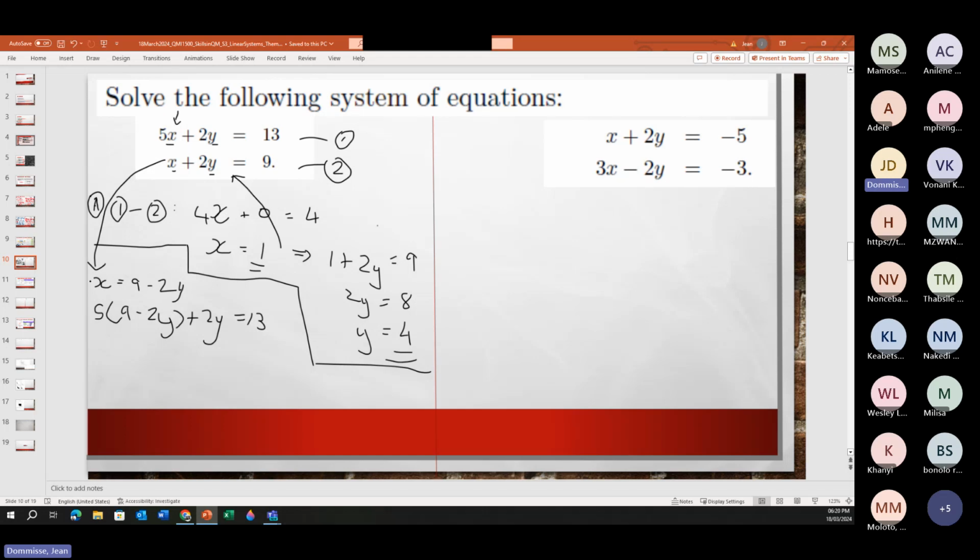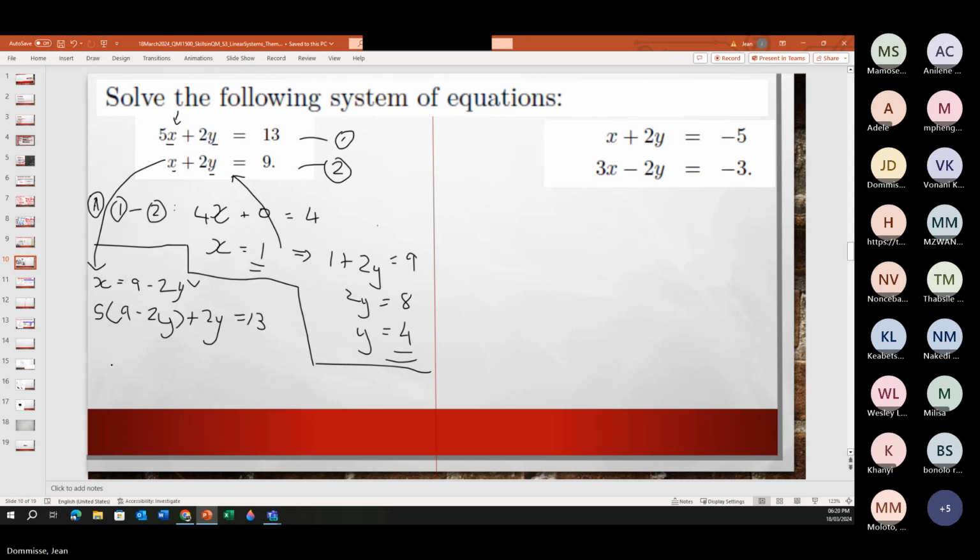So now let's make 100% sure again. I said I'm going to replace x. This one is just making sure we did the 9, we took that over, so that is still correct. We replace that there, so 5 times 9 minus 2y, plus 2y is still correct, equal to 13.